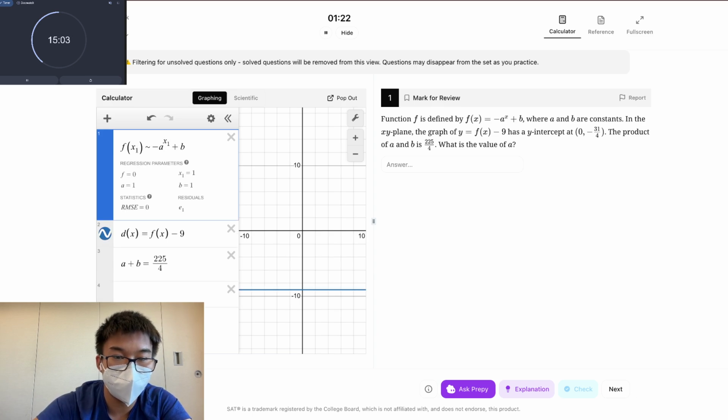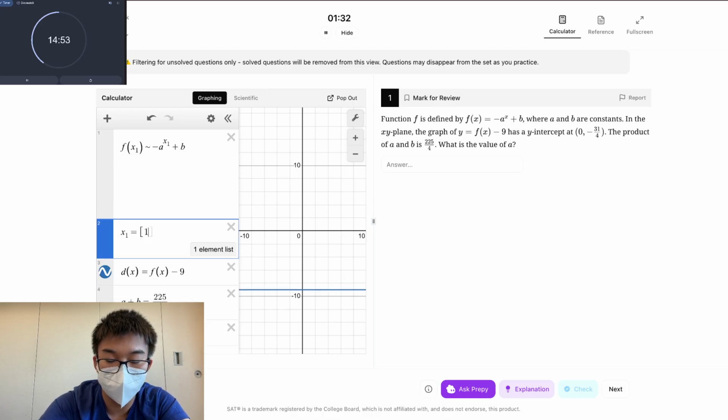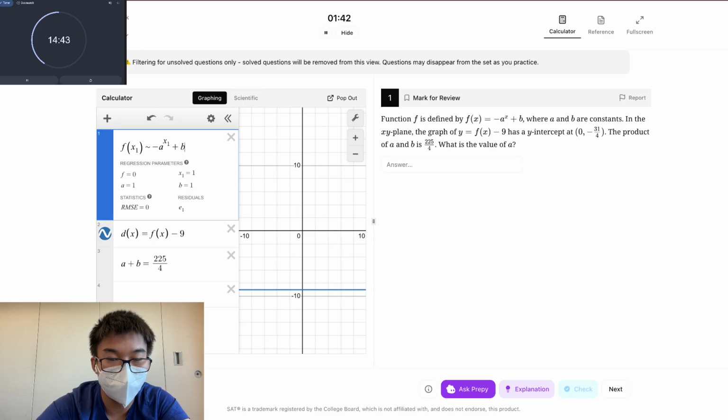So f of 1, and then I have a point. Can I add an extra point? Yeah, okay, so let's do 0, 2. f(1) is equal to... okay, that is very interesting.